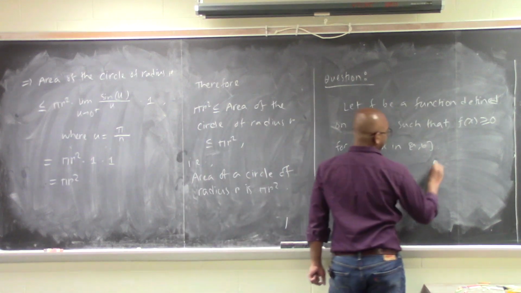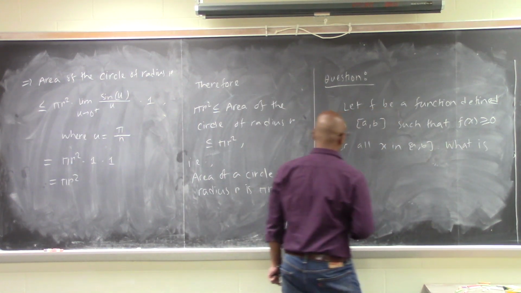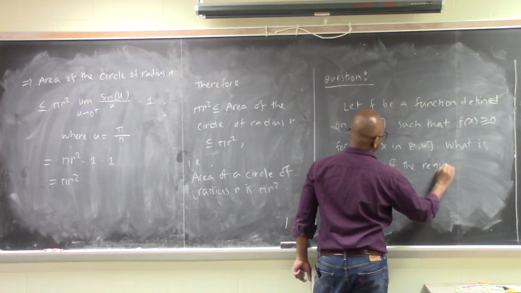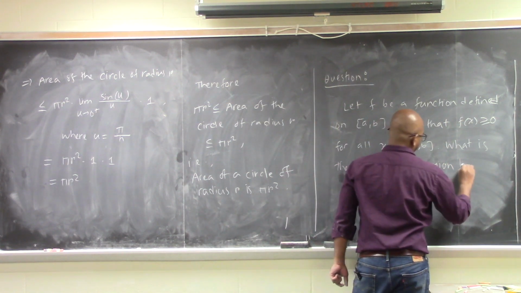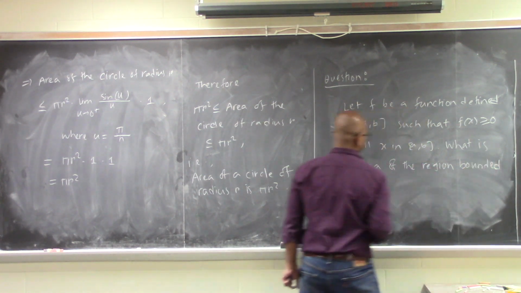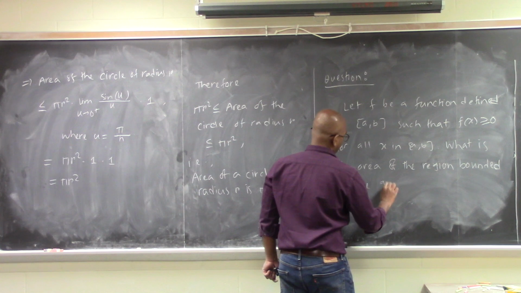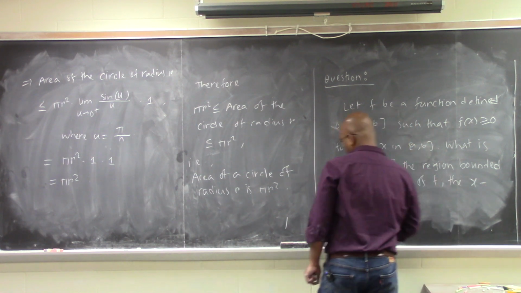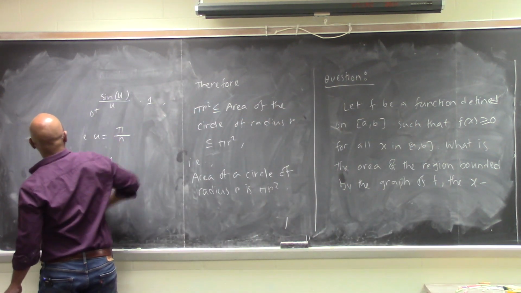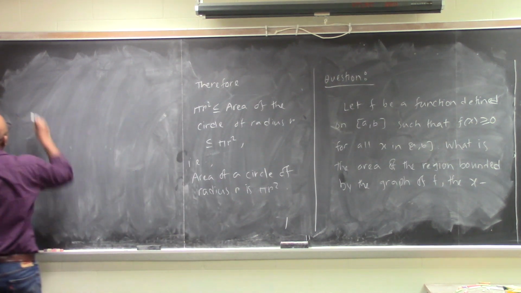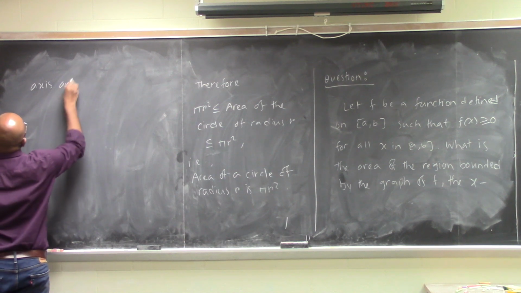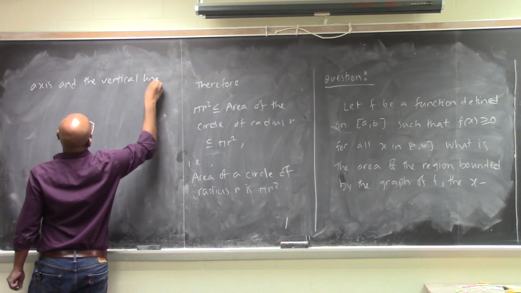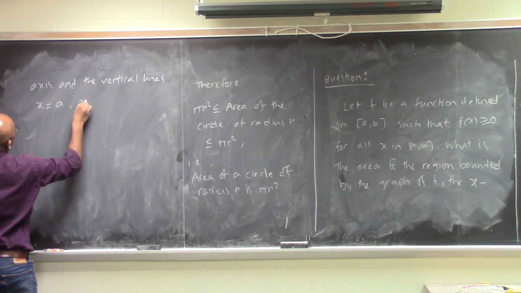and the question is this: what is the area of the region bounded by the graph of f, the x-axis and the vertical lines x equals a and x equals b.